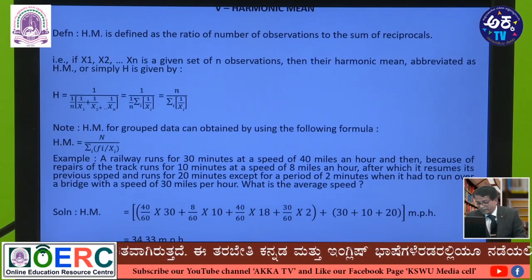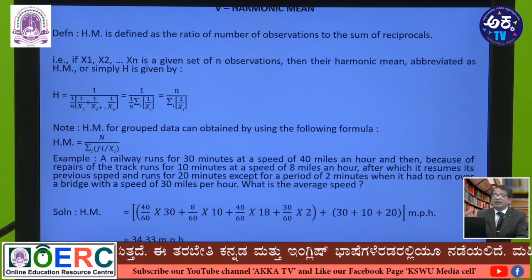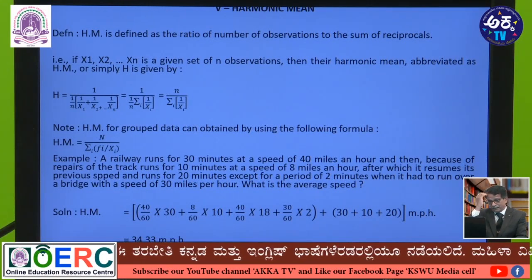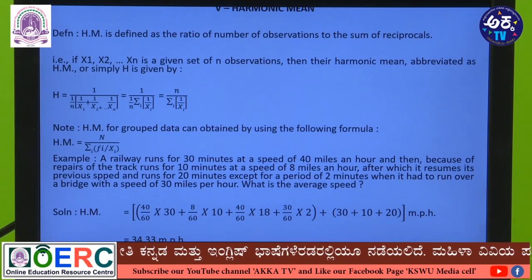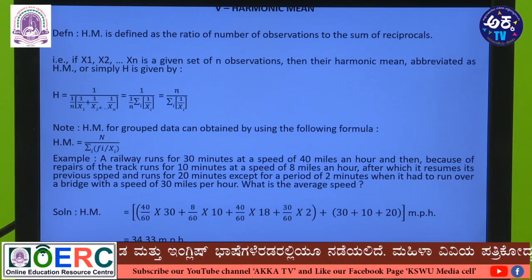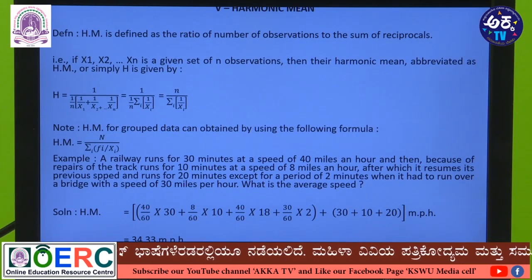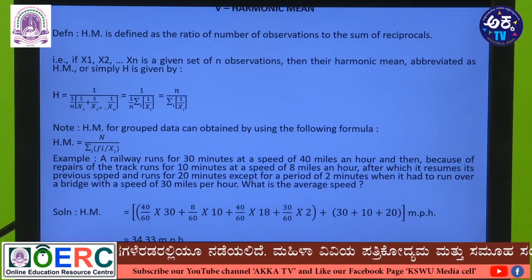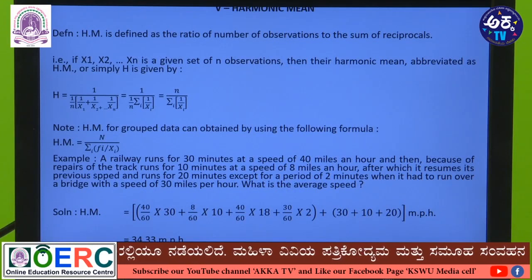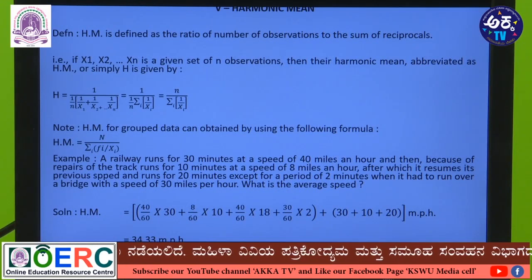So, after having studied 4 averages, friends, let me come back to yet another important average, and its name is harmonic mean. Friends, in the beginning only, let me tell you, harmonic mean is again useful to the data that represents speed.